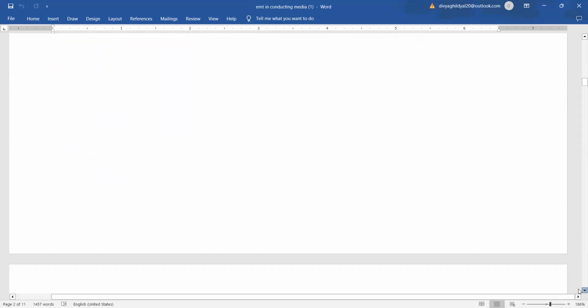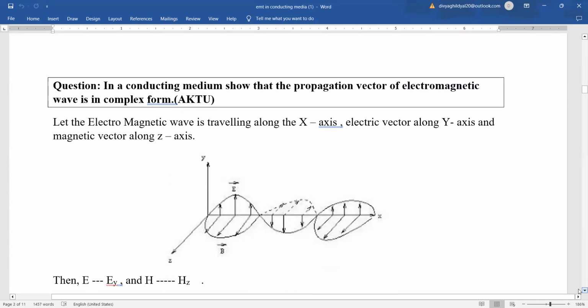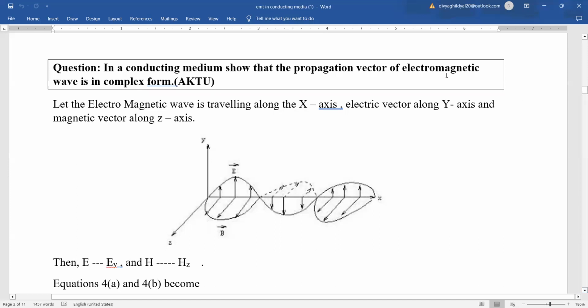Next, when an electromagnetic wave is moving in a conducting media, then the propagation vector, that means the vector that is responsible for propagation of this wave, is a complex number. Complex means i.